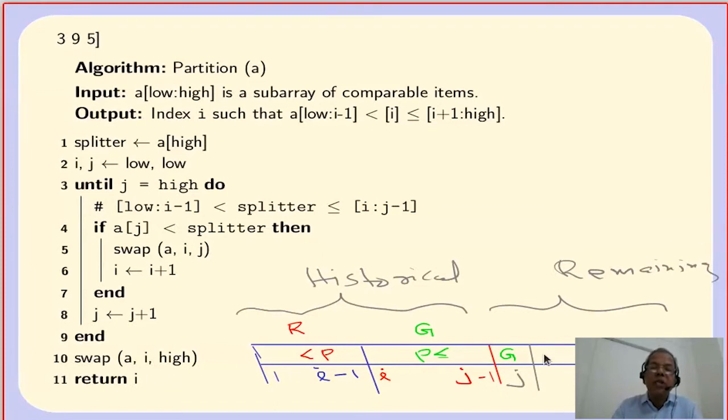So the scanned subarray has expanded. At the same time, we also maintain the loop invariant.